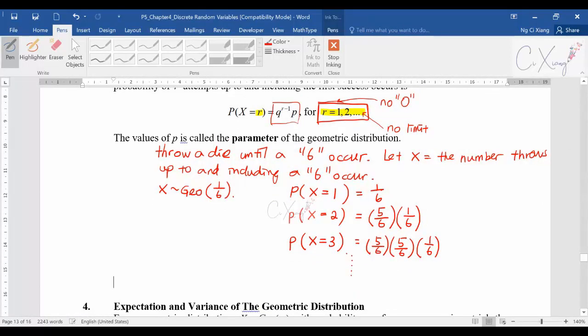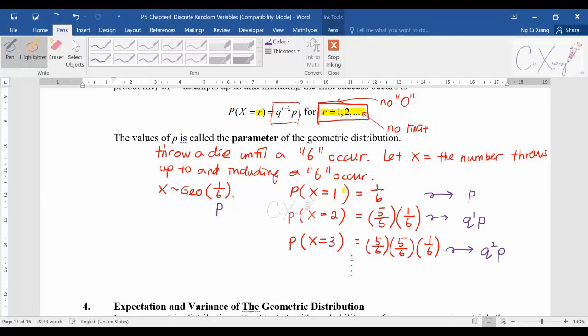So if I make this p, where p means the success probability, then for x equals 1, the answer is p. For x equals 2, it is q power 1 times p. For the third one, it will be q squared times p.